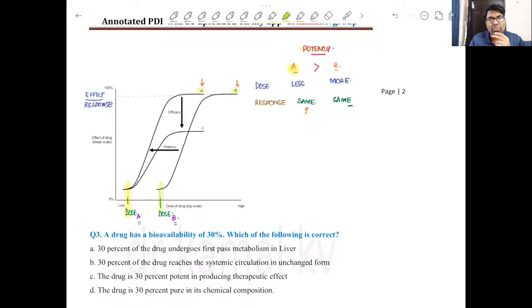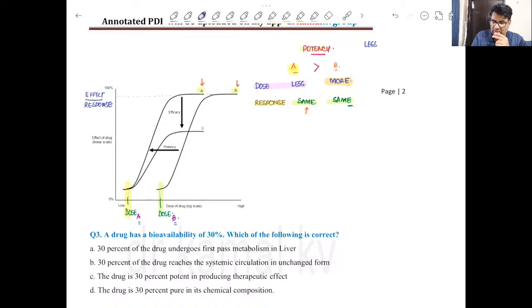So the drug which is required in a lesser amount will be termed more potent than the drug which is required in a high dose. Less dose, more potent; high dose, less potent.